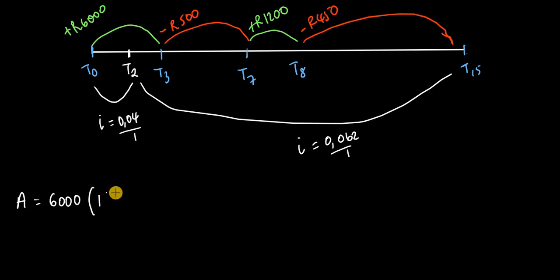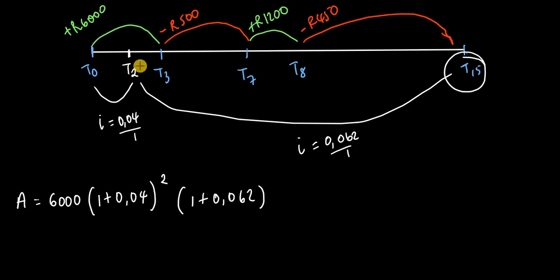So you're gonna say 1 plus 0.04, divided by 1, and then for 2 years, 2 times 1 is still 2. Then it changed from T2 to T15. So that means you make another bracket here. You say 1 plus 0.062, divided by 1 is just the same thing. And from T2 to T15 is how long? That's 13 years. So we put 13 there. Guys, then we are done with 6,000.